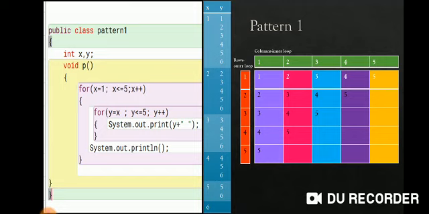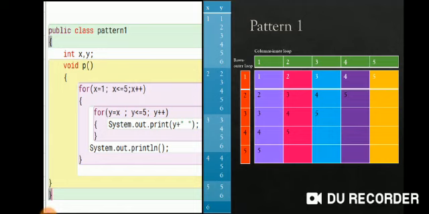Now, how we will build the loop for this: we will start with x equal to 1, that is the number of rows we have to count. 1, 2, 3, 4, 5 are the rows. So, we start from 1, go till 5, and keep incrementing. The inner loop says y is equal to x. Why y is equal to x? Because it is always starting with a new number and going till a fixed number, that is 5.